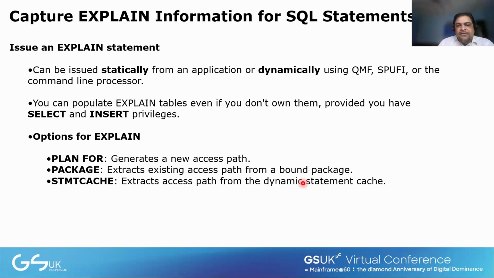At the beginning of your SQL, you can enable the explain and populate those explain tables dynamically as well. There are different options for explain. For example, if you mention the statement cache, it will extract the access path for the dynamic statement cache, which is for dynamic applications. You can get it there.